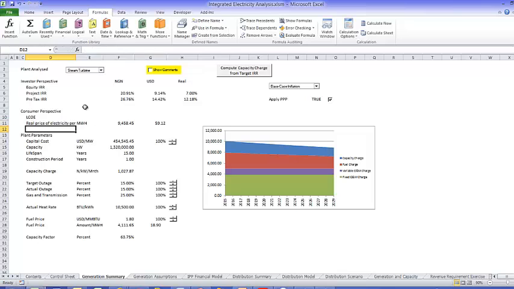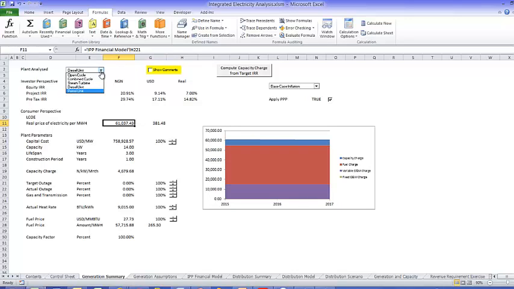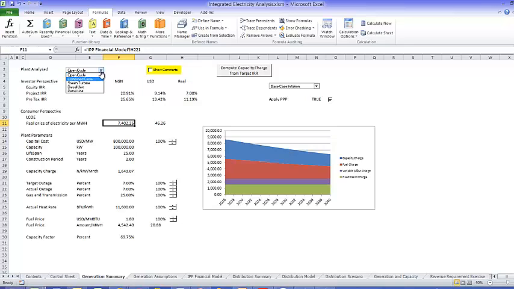So we're comparing the cost of different technologies. We're including a diesel unit and a petrol unit, as well as a combined cycle and combustion turbine unit.